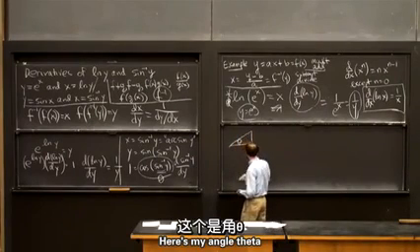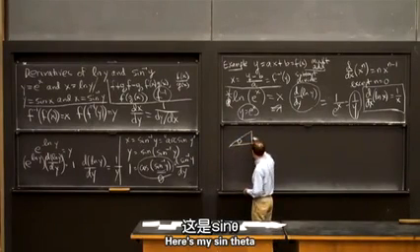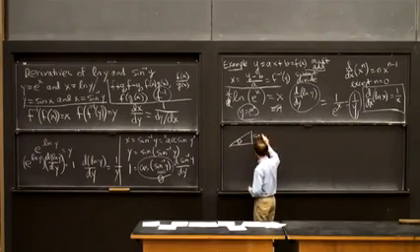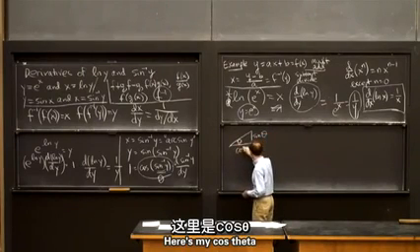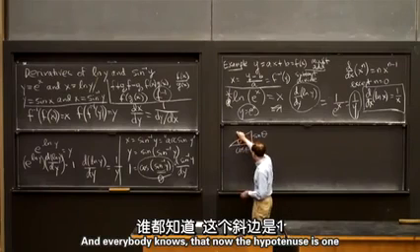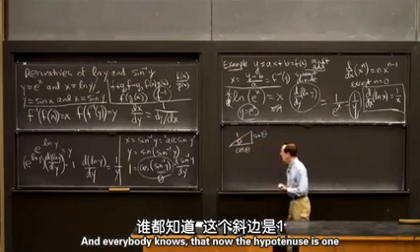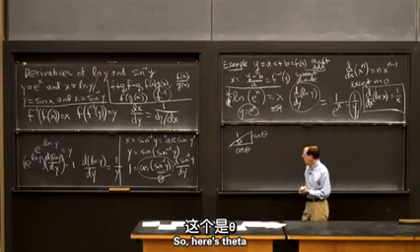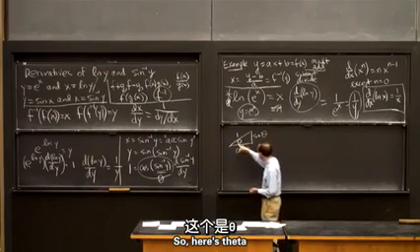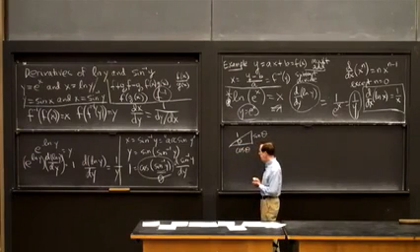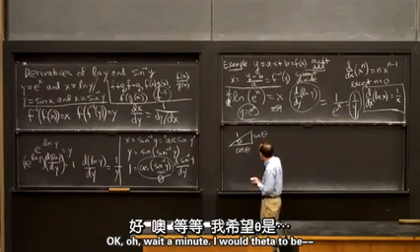Here's my angle theta. Here's my sine theta. Here's my cos theta. And everybody knows that now the hypotenuse is 1. So here's theta. Okay. Oh, wait a minute.